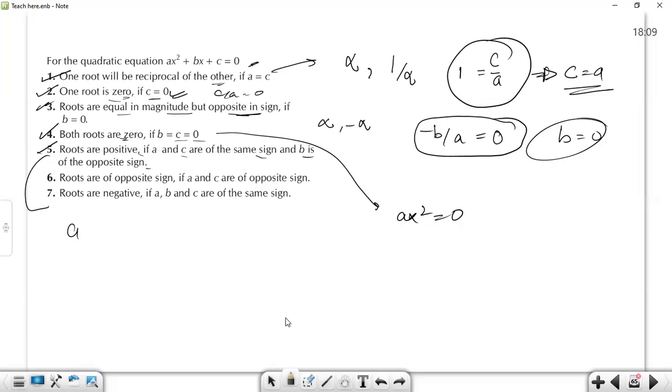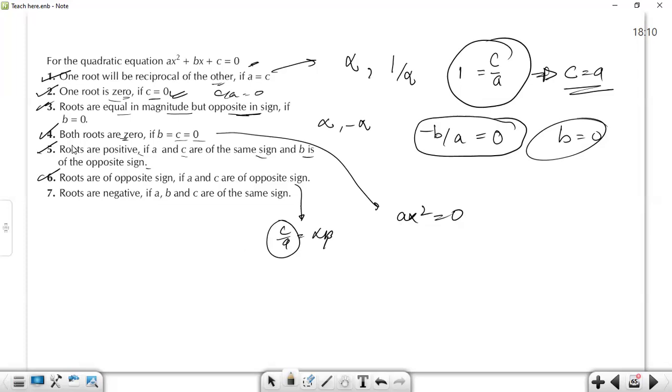Property number 6. Roots are of opposite signs if A and C are of opposite sign. If one of C or A becomes negative, then of course the overall product becomes negative. And for the overall product being negative, either alpha or beta has to become negative.